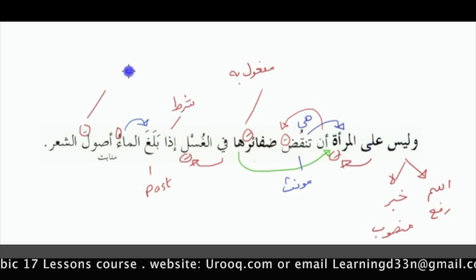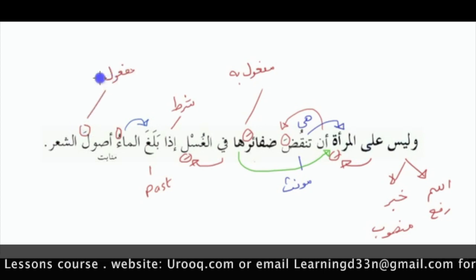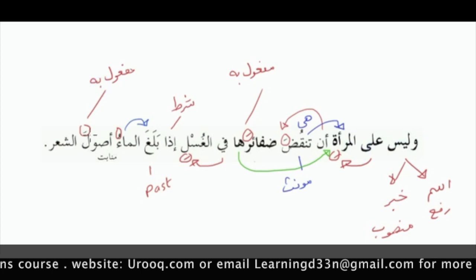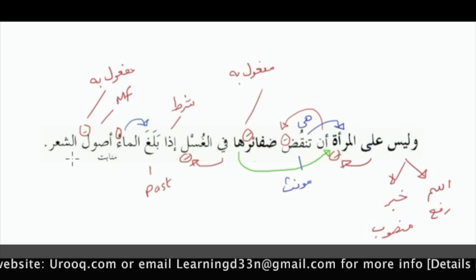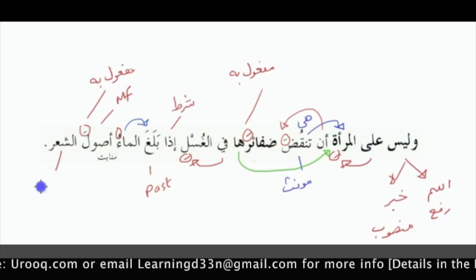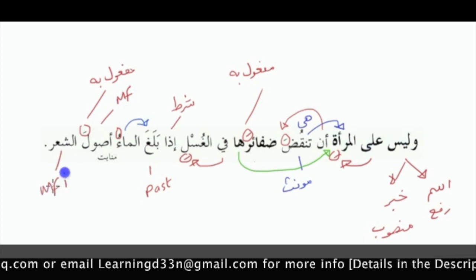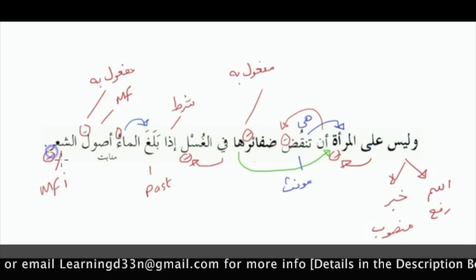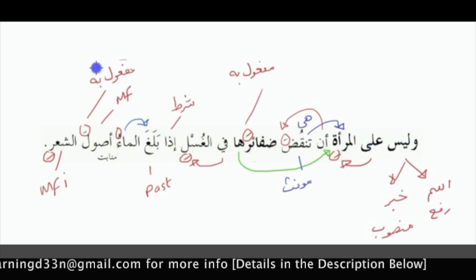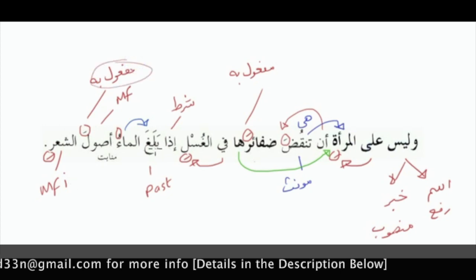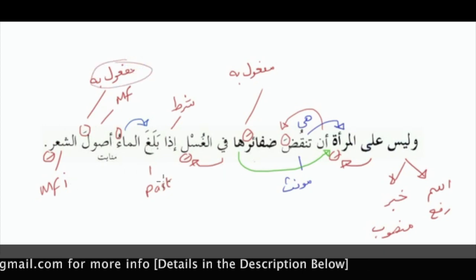This is why it has a fatha, and it only has one fatha, because this is the mudaf. Hence the word after it is mudaf ilayhi, and so we give it kasra, usula sha'ari, and it's fatha because it's a maf'ul bihi of balagha. So that's the breakdown of the words.